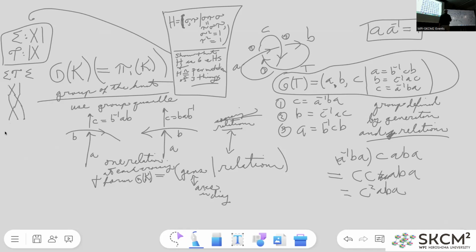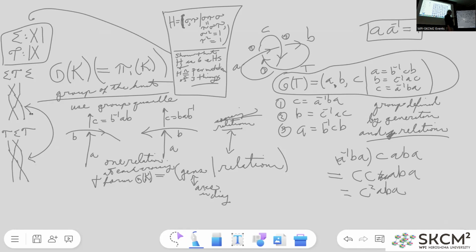But if you look at tau, sigma, tau, the first goes to the third, the second goes to the second, and the third goes to the first. But that's the same as this. These are exactly the same. They're just different diagrams for the same permutation.